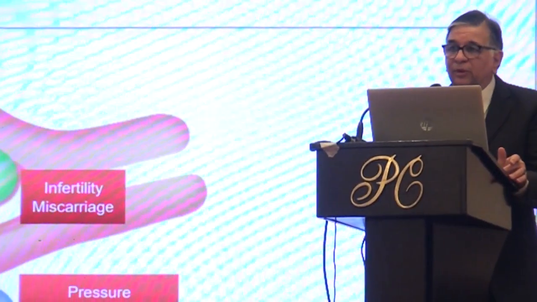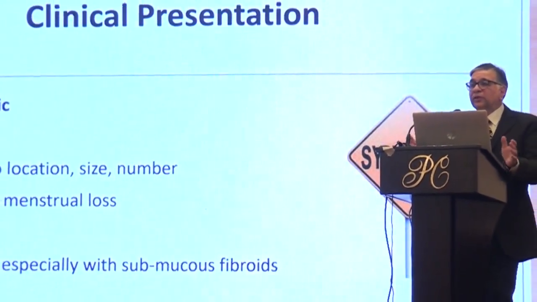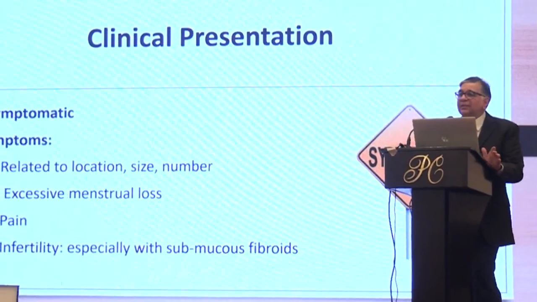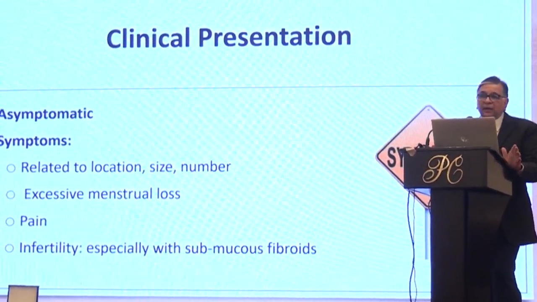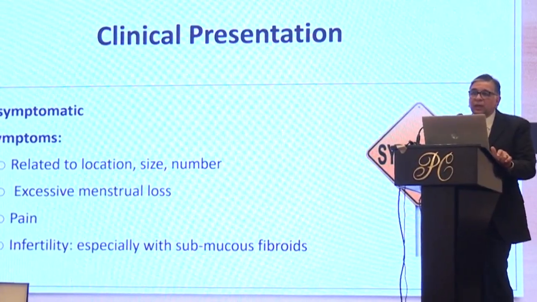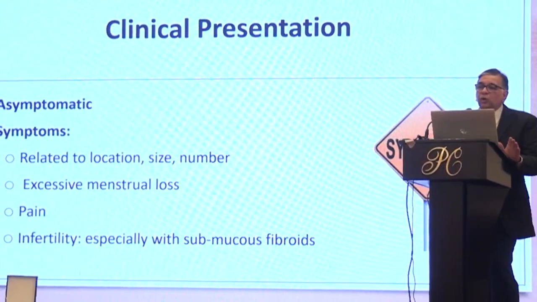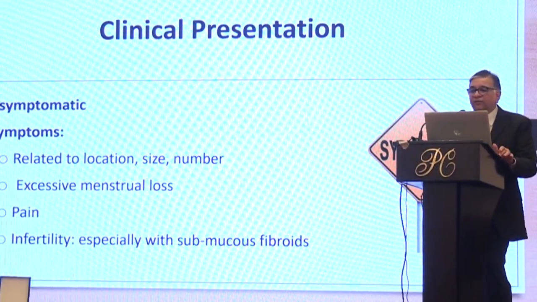So these are the various sites where you would encounter fibroids along with the common symptoms, and I'll come back to symptoms in a few minutes again. So the commonest presentation is asymptomatic. They are either an incidental pickup on ultrasound or on surgery, and most of them do not cause a woman any heartache throughout her life or her reproductive life.